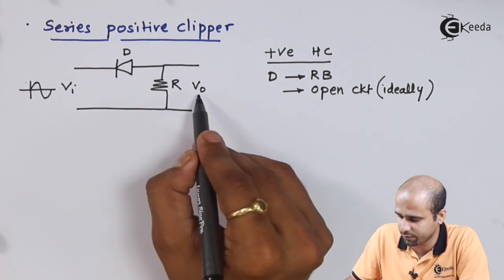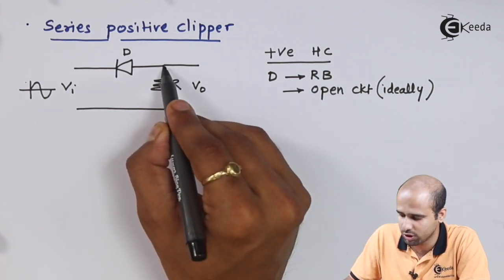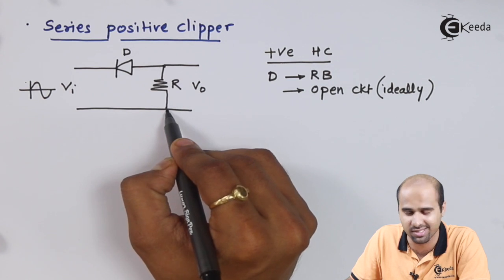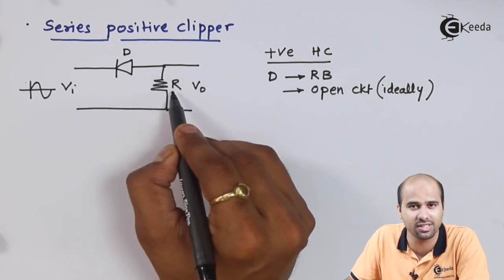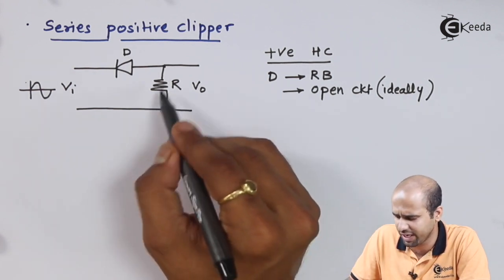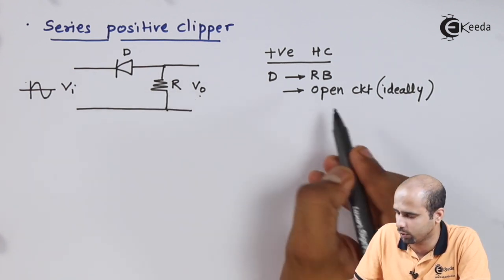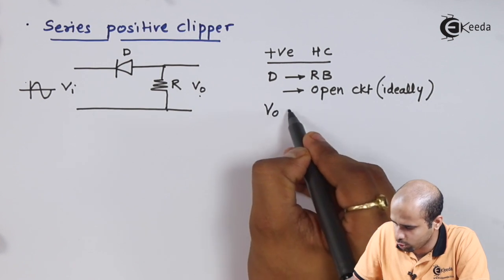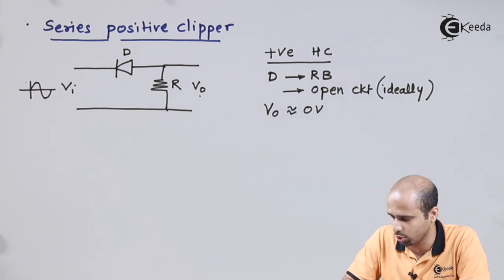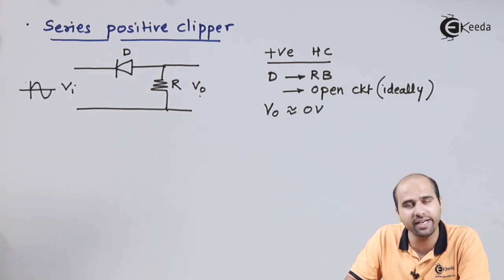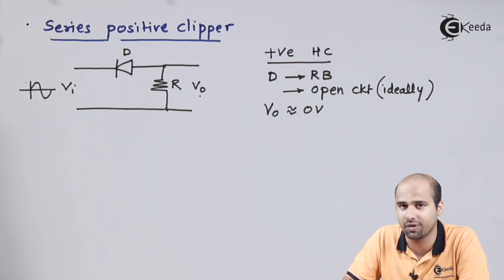So VO is equal to the voltage across this resistance R. If we are not considering the value of resistance R very high, then VO is nearly equal to 0 volts. Then I have completed the positive half cycle.